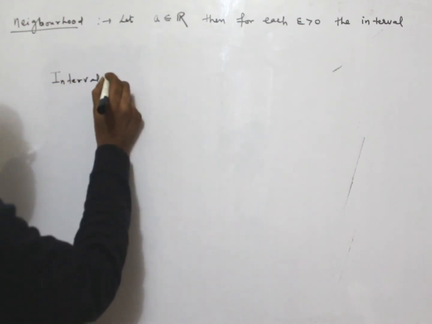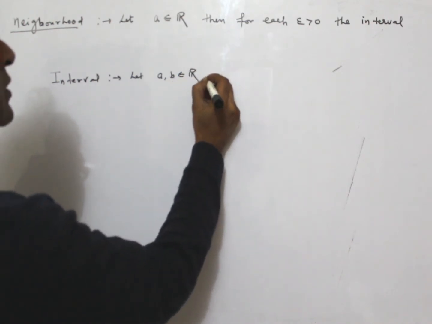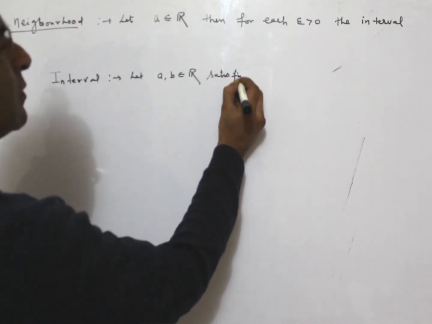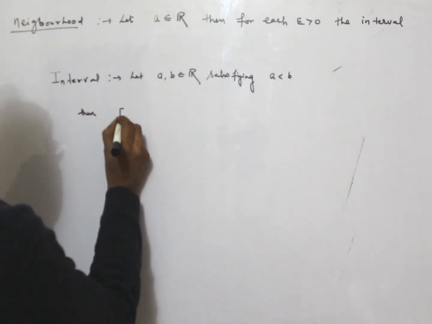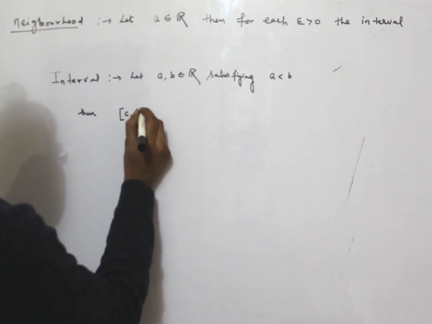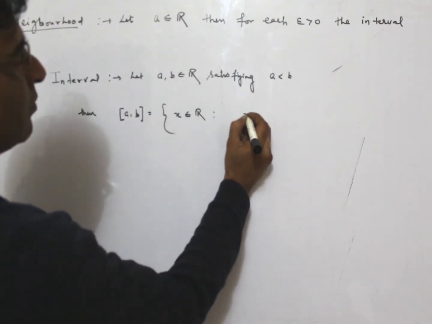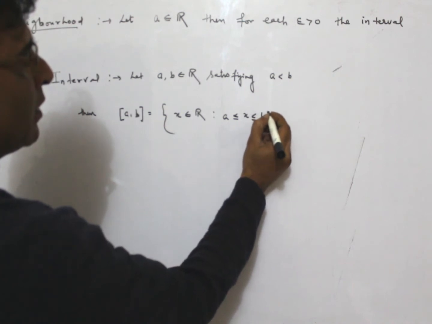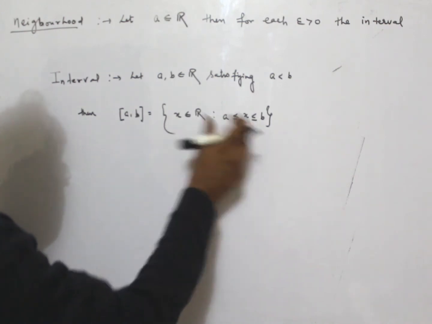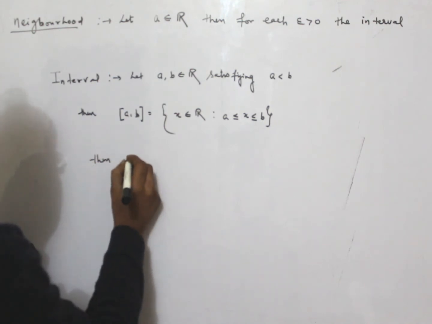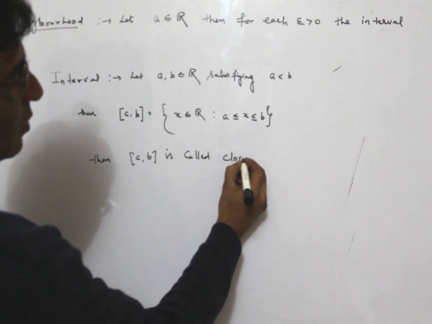Let A, B be real numbers satisfying A less than B, then AB is the set which contains real numbers which lie between A and B. Where A and B can be equal to X, that means A and B are included, then AB is called closed interval.